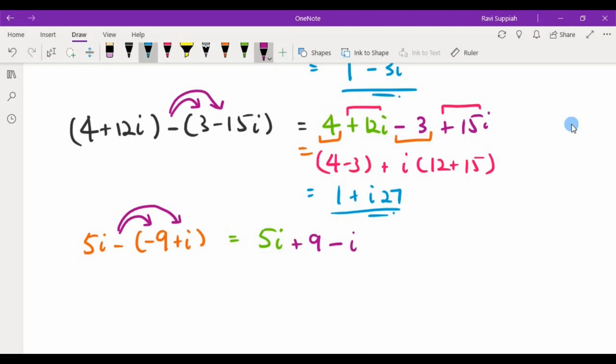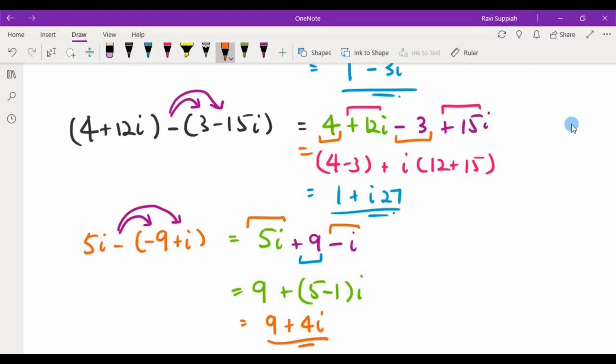So now I only have one real part and two imaginary parts here. The next step would be to group them together. So the real part is only 9, and the imaginary part is 5 minus 1, which will give me 9 plus 4i.